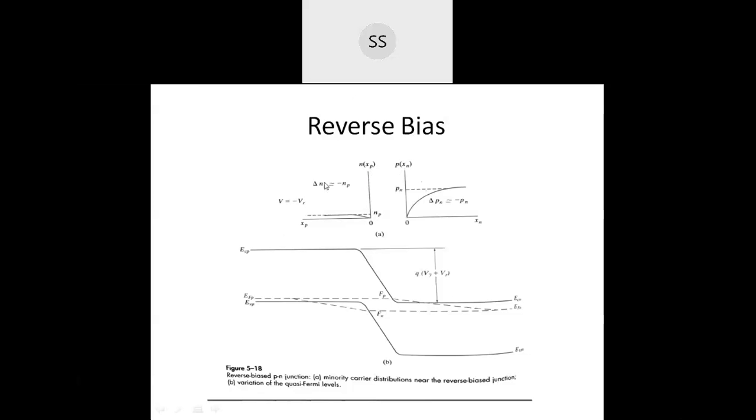Now, what is the P side? Left hand is the P side for us. This is the N side. So whenever the holes are swept across the junction to the P side, you just clearly understand this. Now, left part is the P region. The right part is the N region for us.